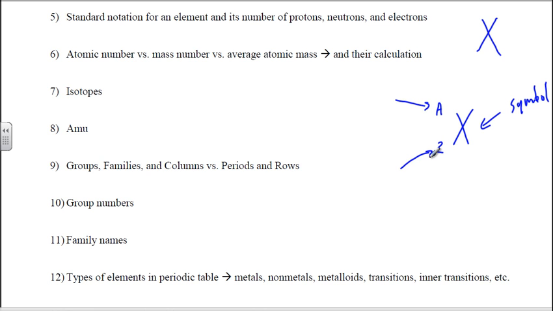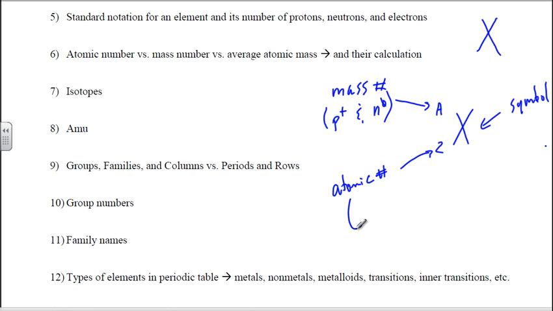A and Z, you have to be careful with these two because you can switch them around. But A is often your mass number, and your mass number includes the number of protons and neutrons together. Okay. And then Z, or the lower number, is often your atomic number.